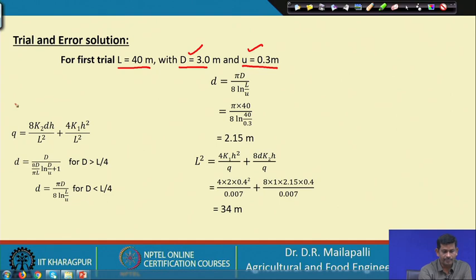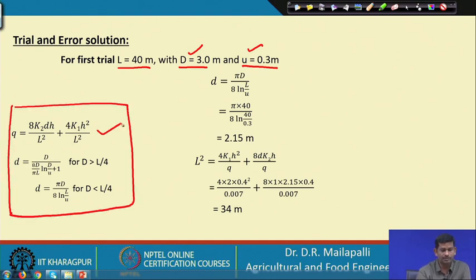If you see this equation, this is the Hooghoudt equation and these are the conditions. So, L is equal to 40, so L by 4 will be 10, and your D is 3.0. Since D is less than L by 4, we are going to use this equation to find out small d.